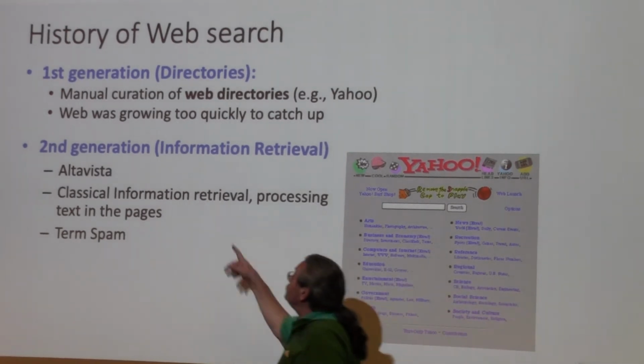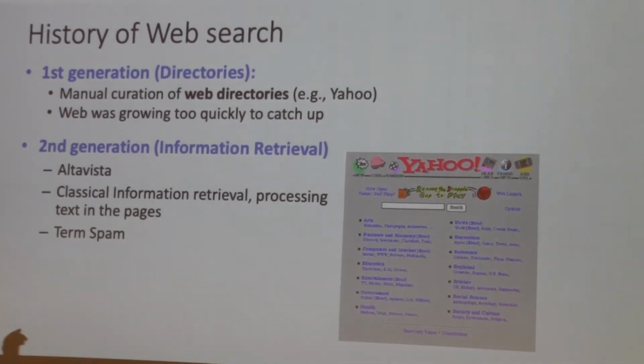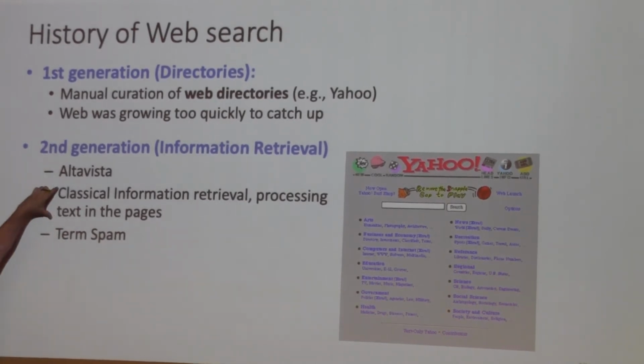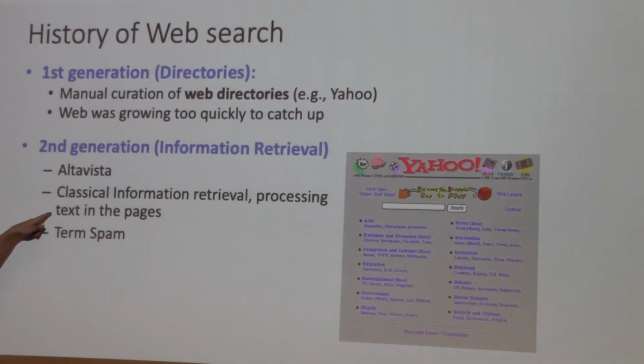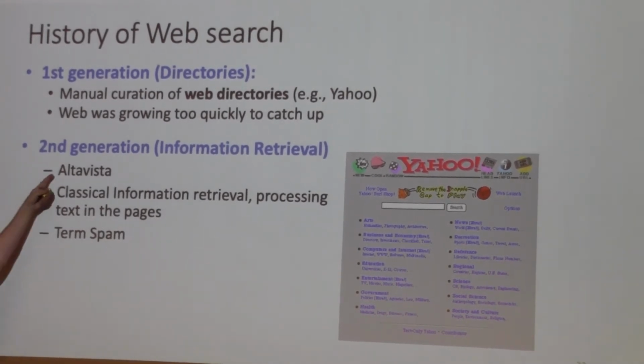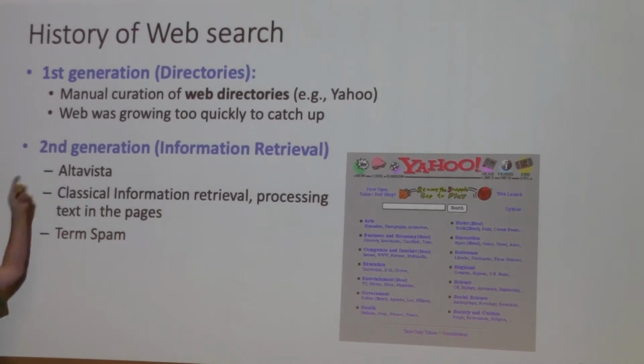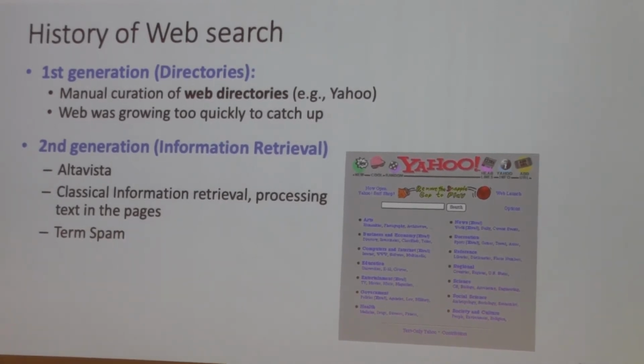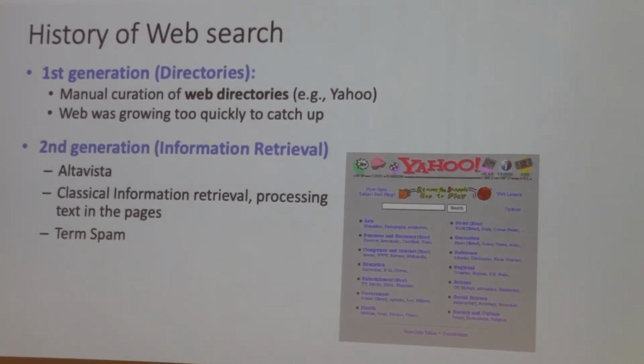The second generation was like classical information retrieval, where you look at the text in the pages, and all the pages that talk about Star Wars, you put them in film Star Wars. It's just classical indexing stuff. A famous search engine from those days is called AltaVista, which probably you have never used.